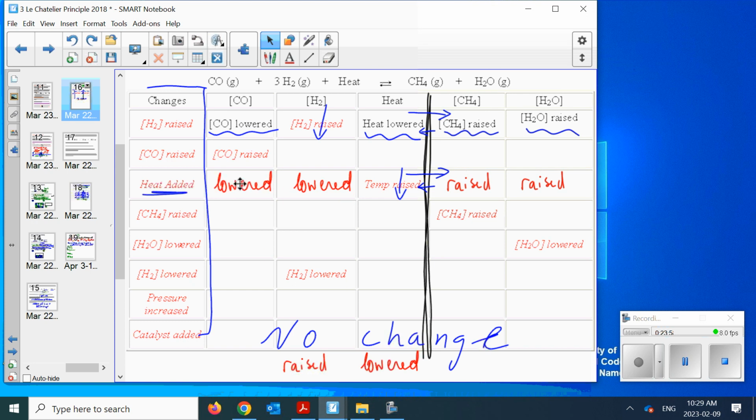The simplistic way of doing this, but it doesn't necessarily mean you understand. But whatever you see as a change, just say, do the opposite on that side. You follow me? When I say raise temperature, just say everything on this side will now go down. Lower. Lower. Everything on the opposite side goes up. Does that make sense?